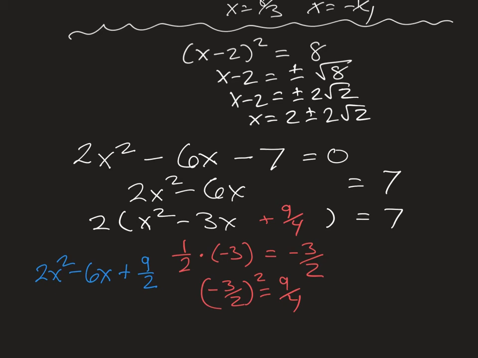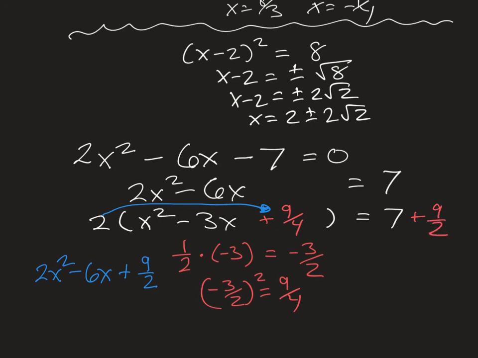It's important to recognize that, because whatever I do on the left side, I have to also do on the right side, because I can't change the equation, right? So I'm going to add the same thing to both sides. Again, I actually added 9/2 to the left side, 2 times 9/4, so I'm going to add 9/2 to the right side.